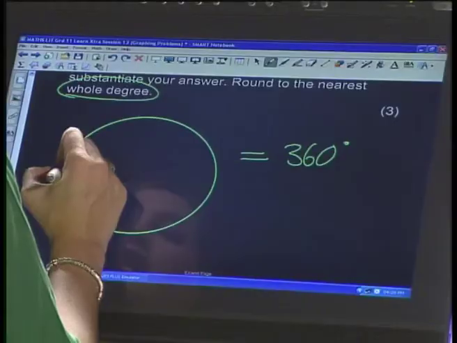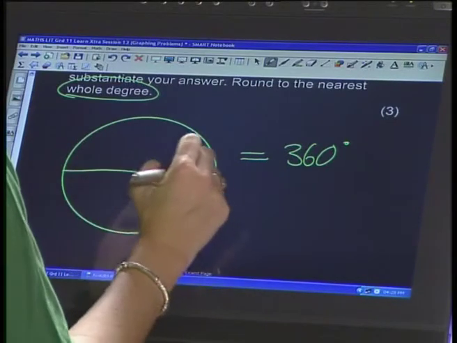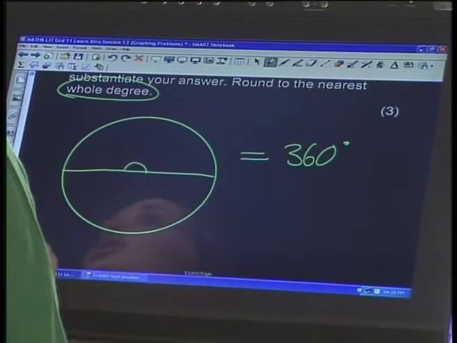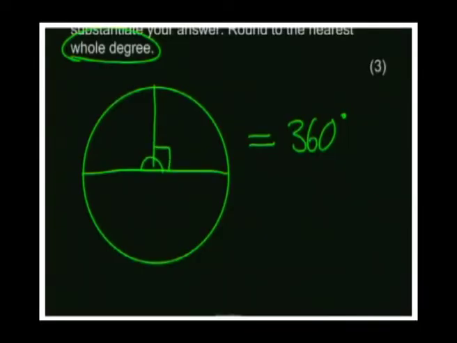Now that's very important when drawing pie charts, especially when we get asked how many degrees our truck section would be. Now, hopefully, going back to grade 9, we know that if we go through half a circle, it's 180 degrees. If we go through a quarter of a circle, it is 90 degrees.